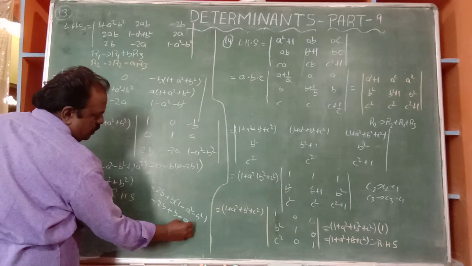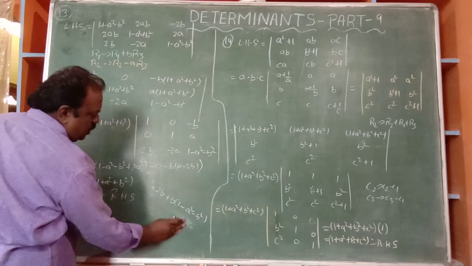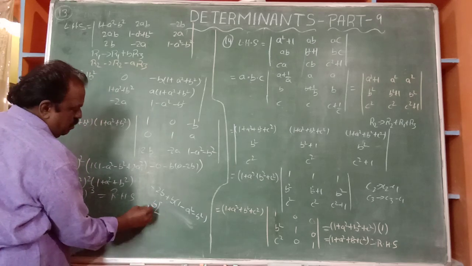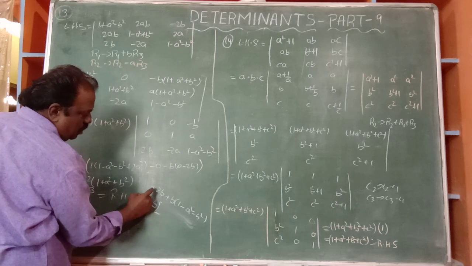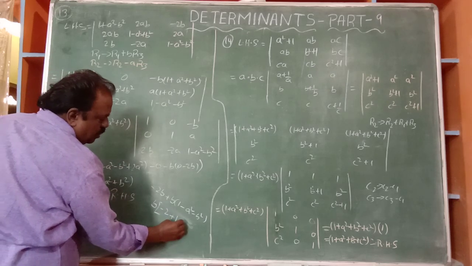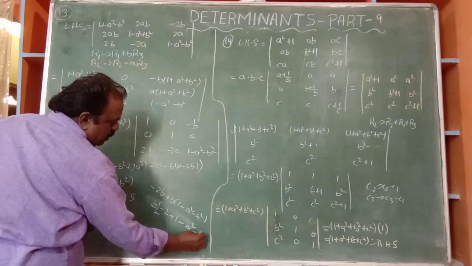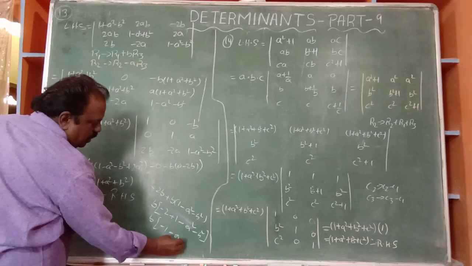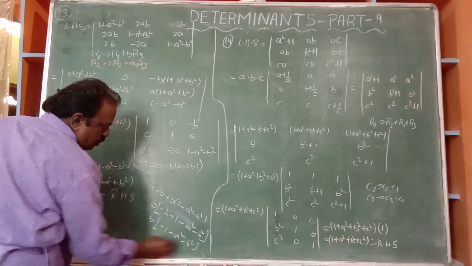Or otherwise we take B as common. We will take B. Minus B as common means it is minus 2 plus 1. Minus a square minus b square. B of minus 1 minus a square minus b square is there.